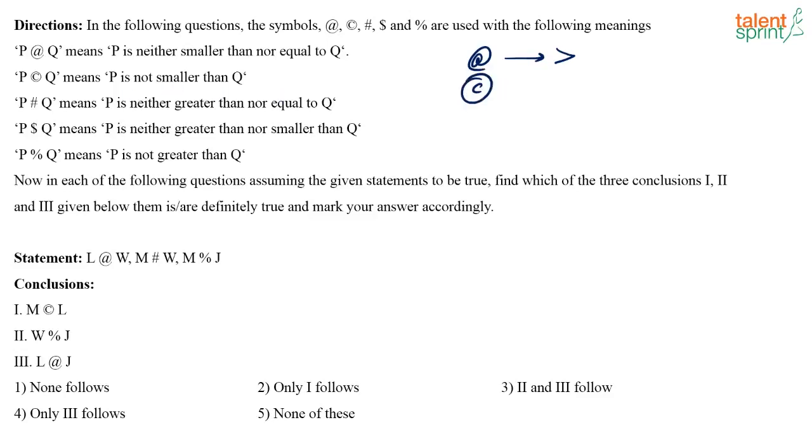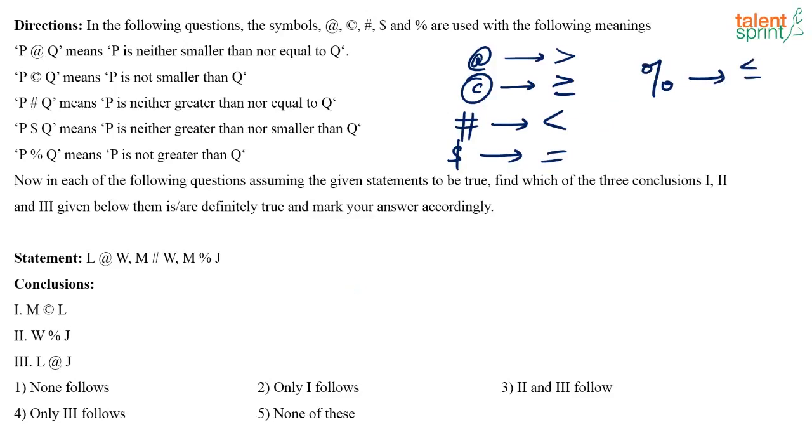P is not smaller than. Not smaller means it is either greater or equal to. Hash is neither greater than nor equal, so neither greater nor equal means it is less than. Dollar means neither greater than nor smaller than, which means equal to. And percentage, not greater than, means less than or equal to.